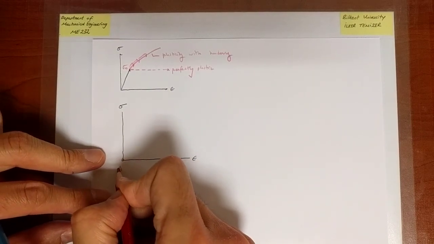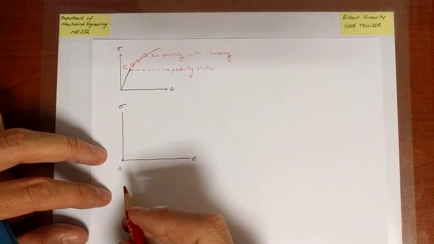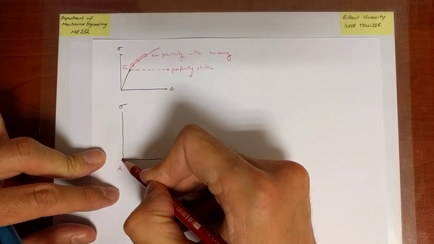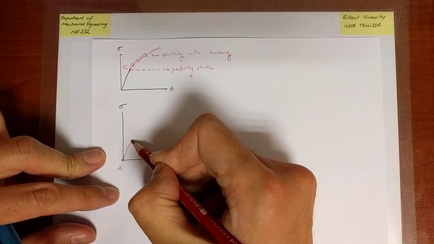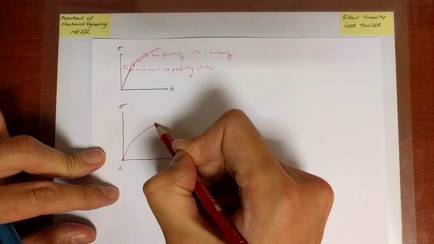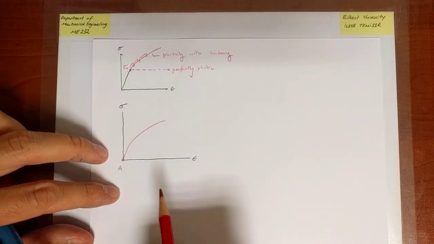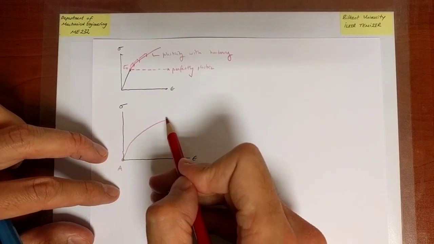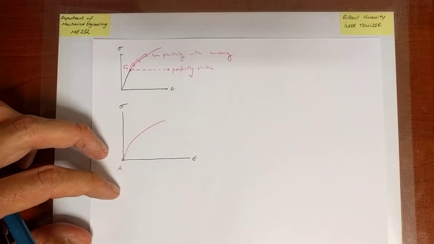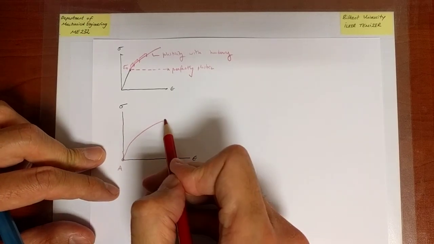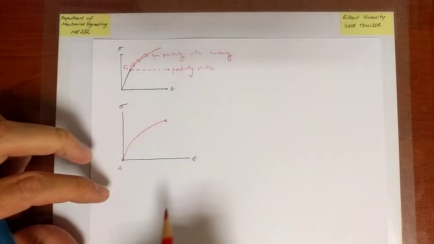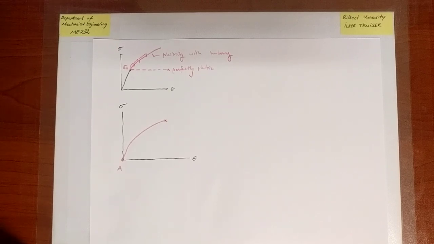Let's call that specimen A. And I will take that specimen and pull on it all the way up to failure. I can do this more easily with the true stress strain curve, but I'll stick to the engineering stress strain curve and I'm not really drawing the portion that is associated with necking. Let's say, in fact, that's the way the stress strain curve goes and ends for this particular specimen.